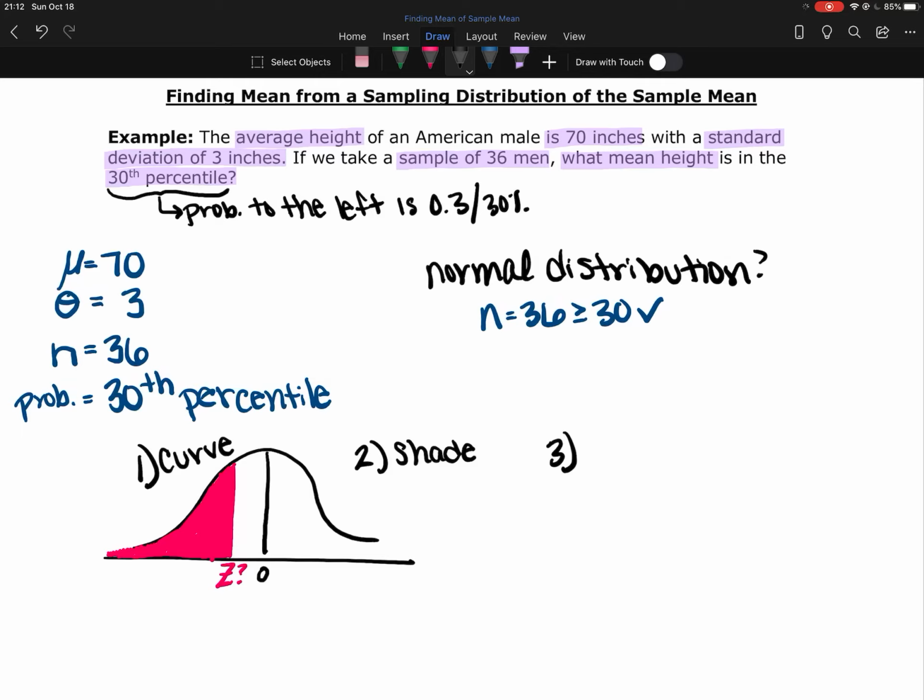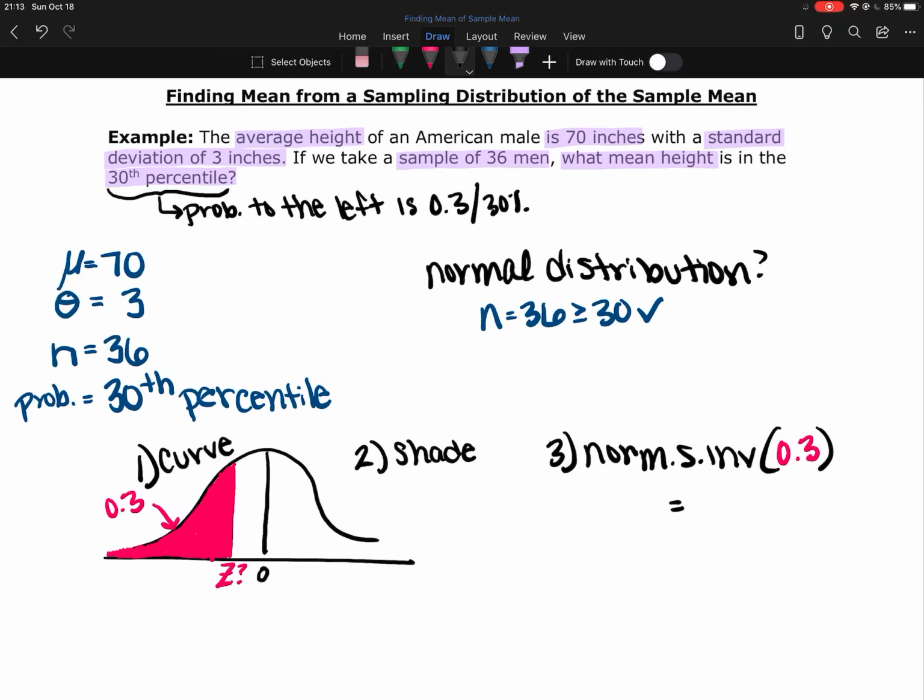So we're going to find that value using norm.s.inverse. And the only thing we have to plug in is the area that is shaded to the left of the unknown z-score. So we shaded 30% or 0.3 of the total curve to the left.